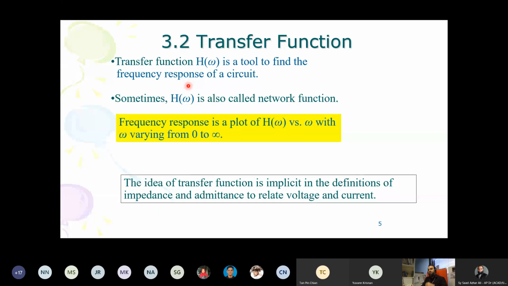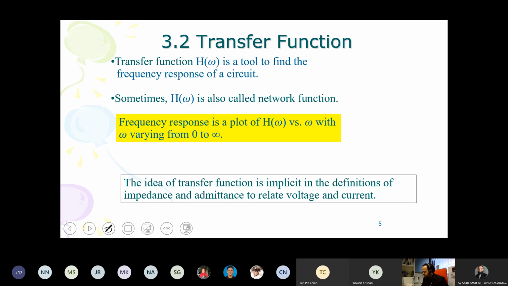Whenever we talk about response, it means the value at the output of a circuit. Sometimes H(omega) is also called the network function. So just another name. Frequency response is a plot of H(omega) versus omega, with omega varying from 0 to infinity.